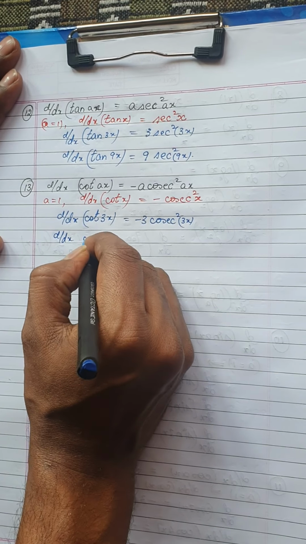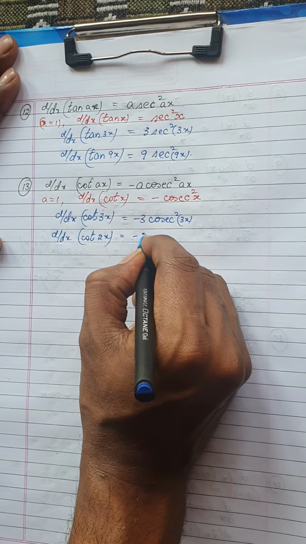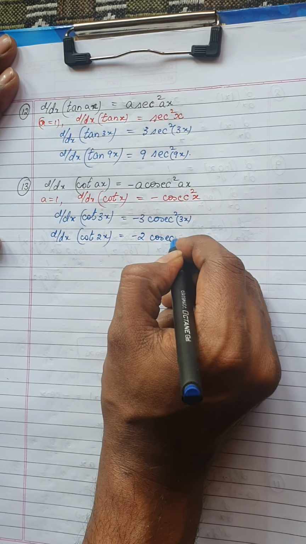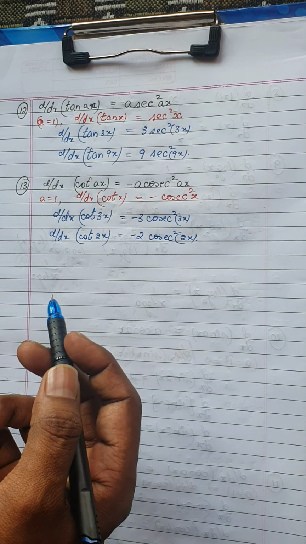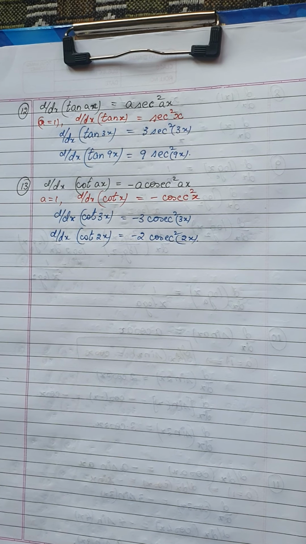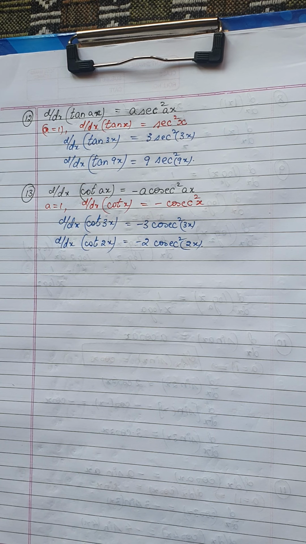The derivative of cot 2x is minus 2 into cosecant square 2x. So you can try as many examples so that you would remember the formula for many years if you want to pursue mathematics in further classes.